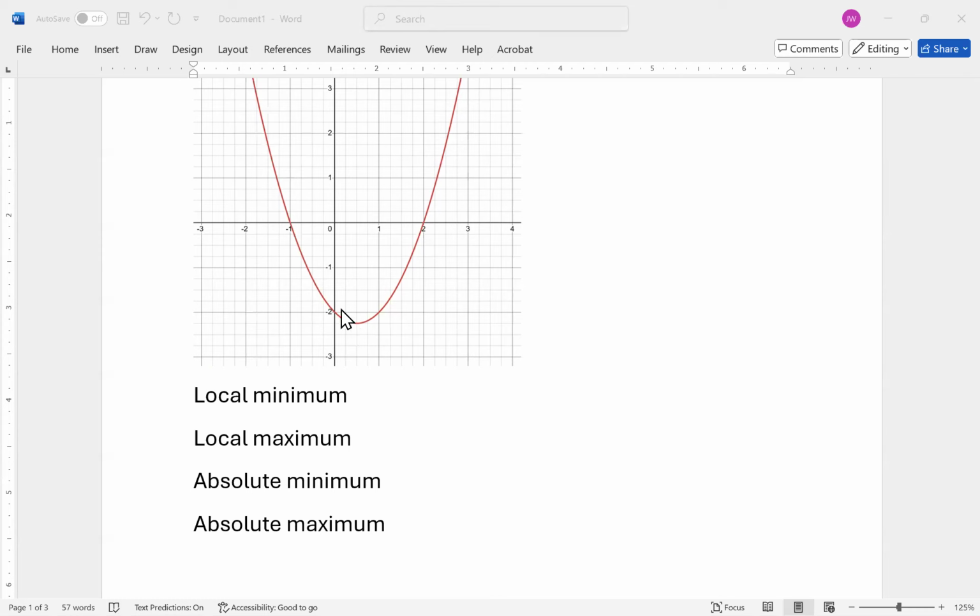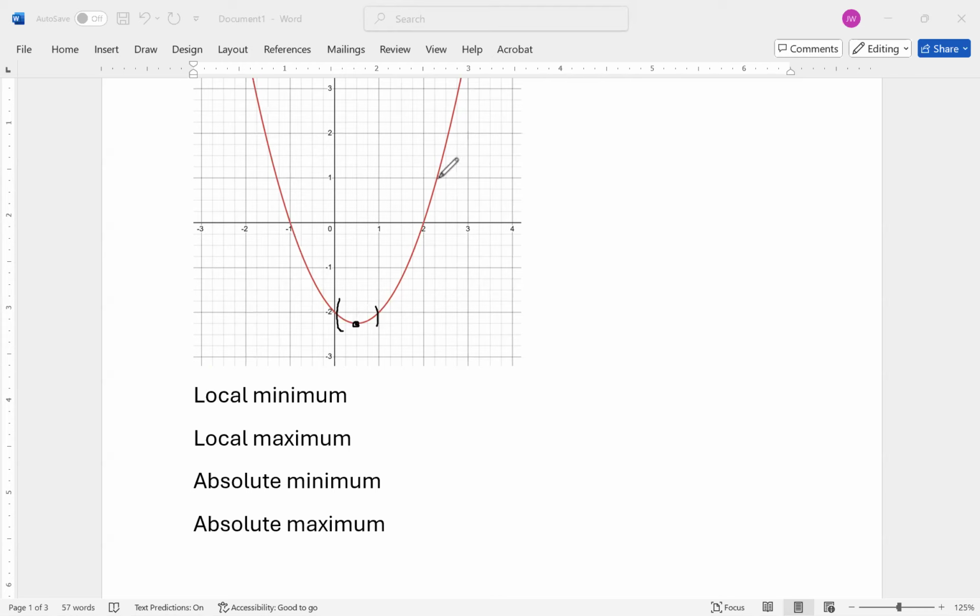You'll notice that if I look at this point here, which is at the bottom of a valley, this is 0.5 comma negative 2.25. This is the only point that's smallest of all the points around it. So in other words, if I drew a little section and I focused on this point, it is smaller than all of the other points around it.